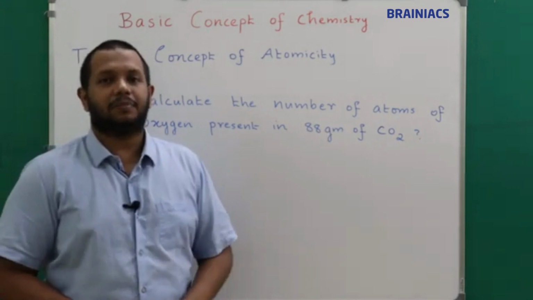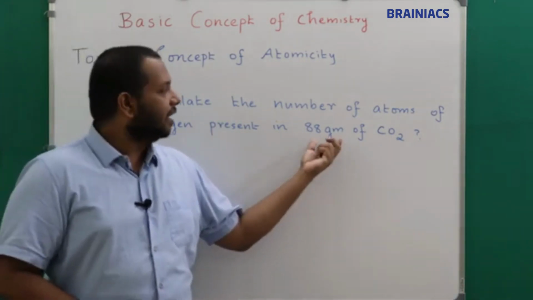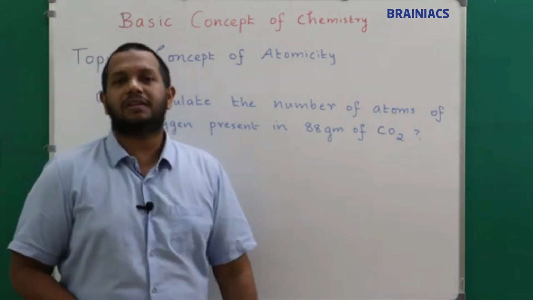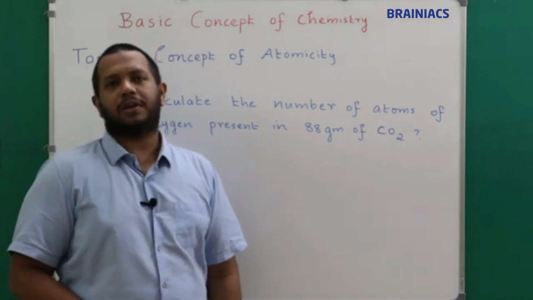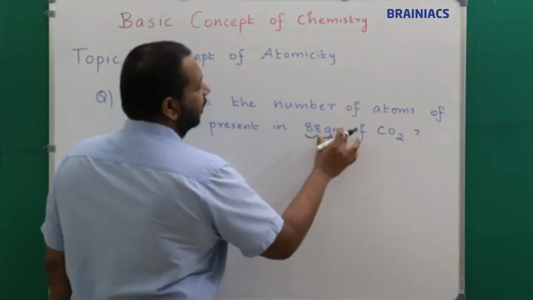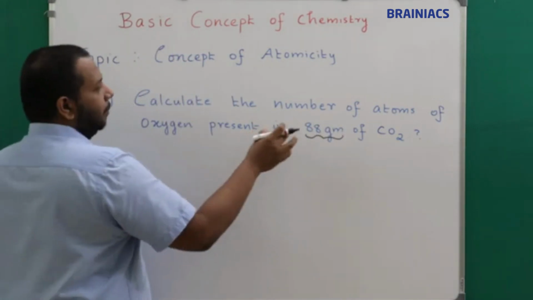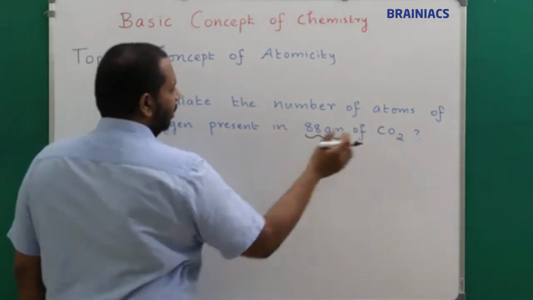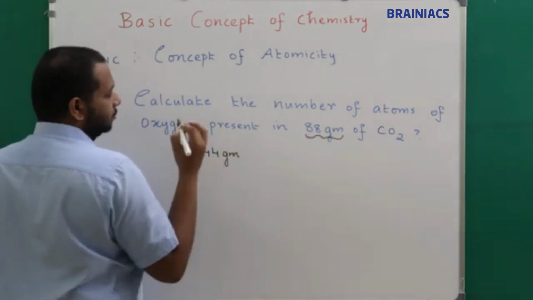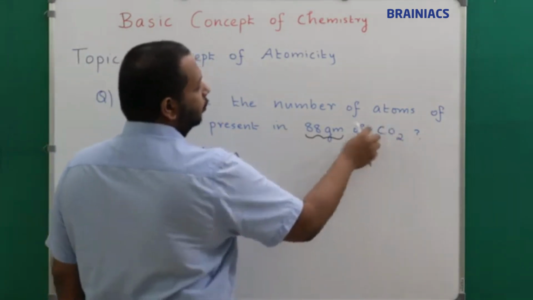Again you need to apply the concept of atomicity here. The first step is to calculate the number of molecules of carbon dioxide. Mass is given, and from this you need to calculate the number of molecules, so mass is to be related with the number of molecules. Mass means I can take the molecular mass in grams of carbon dioxide, that is 44 gram: carbon 12, oxygen 16 into 2, 32, plus 12, 44.